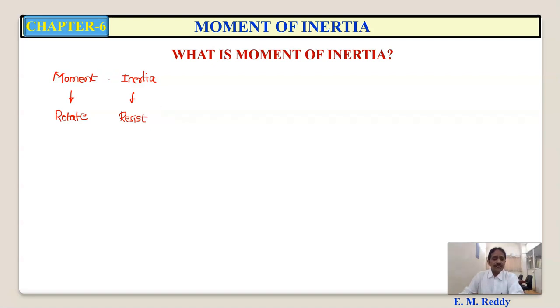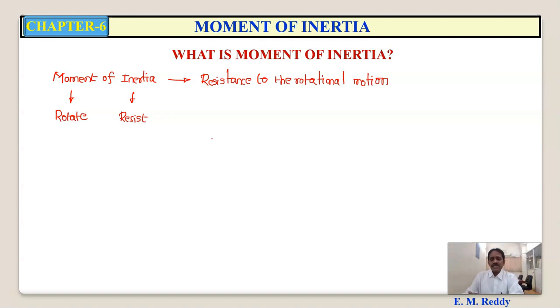So the moment of inertia. So moment of inertia means it is the property of the body by virtue of which it offers resistance to the rotational motion. Resistance to the rotational motion. That is moment of inertia.